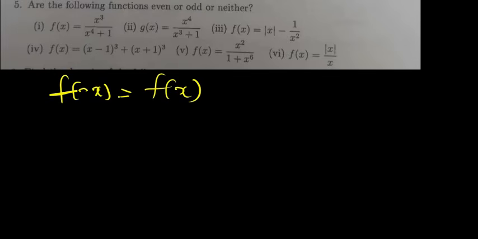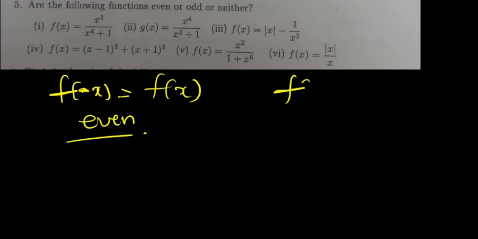So let's talk about even and odd functions. So how do you know that a certain function is even or a certain function is odd, or neither? So for you to conclude that a function is even, then f of -x should be equal to f of x. If I plug in -x in the function, it should come as the original, the way the original function is. Then this function is even.